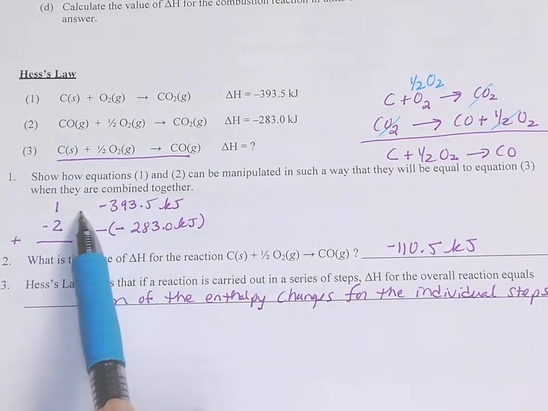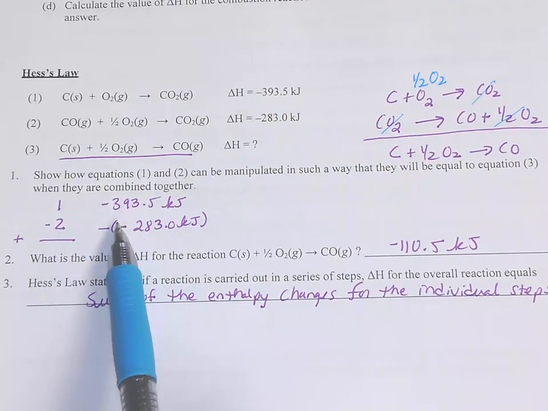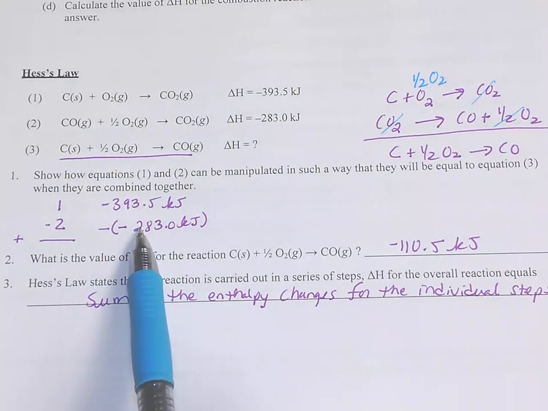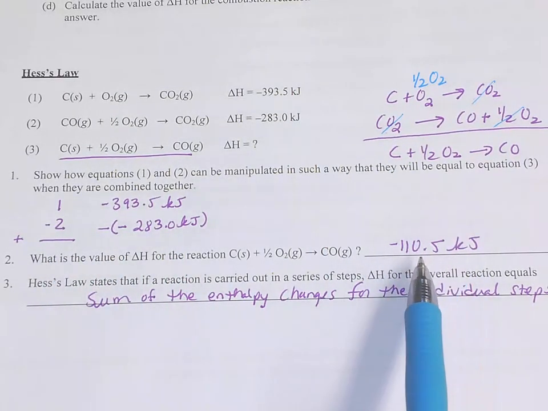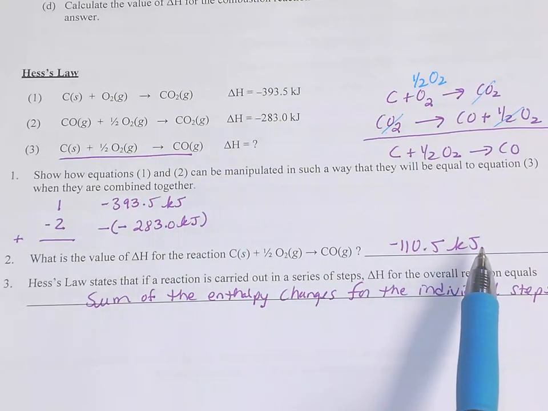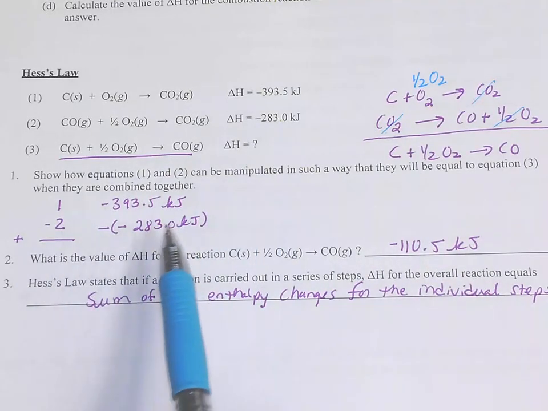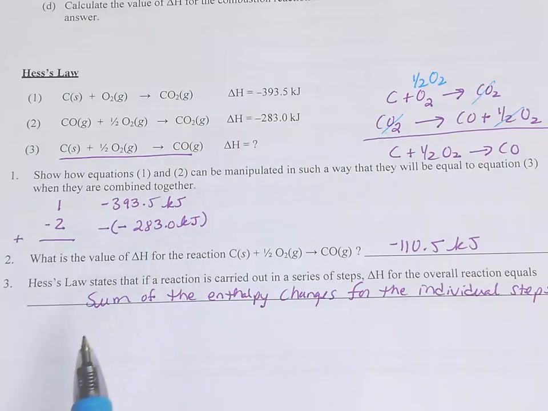Taking the reaction delta H values and adding them up, accounting for the change in their signs and the values, we get negative 110.5 kilojoules, which is the heat of reaction for this reaction that we were looking for.